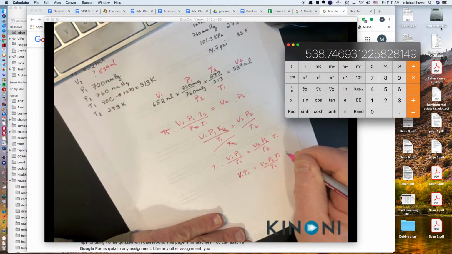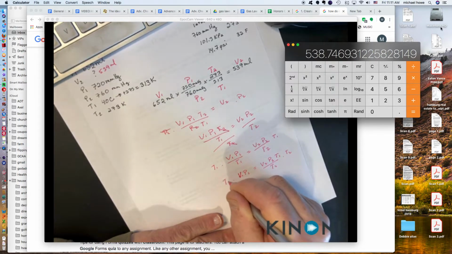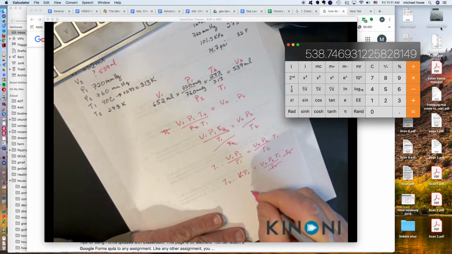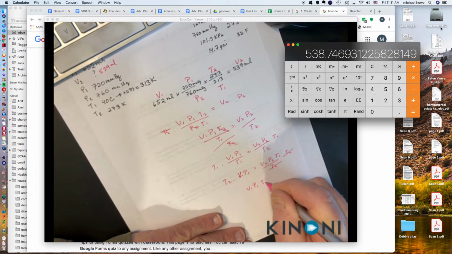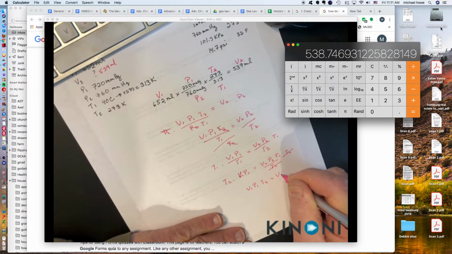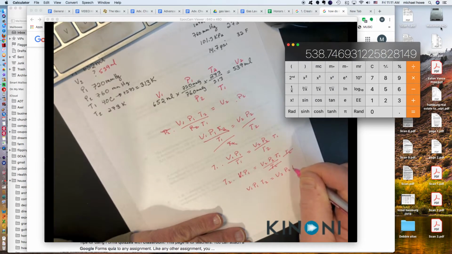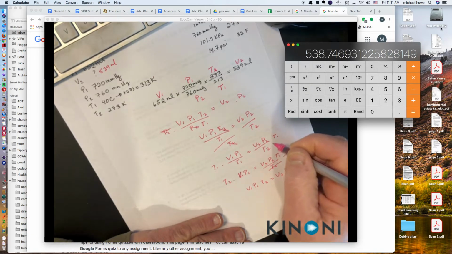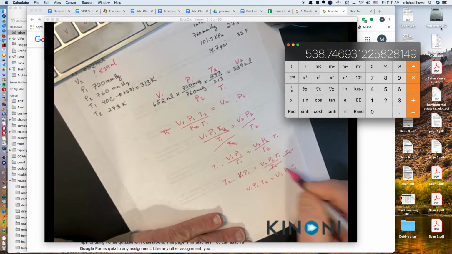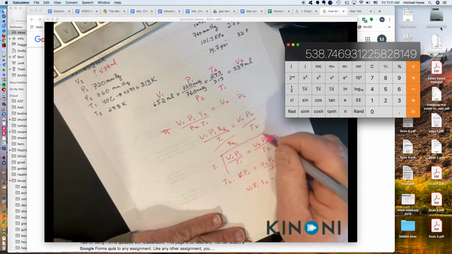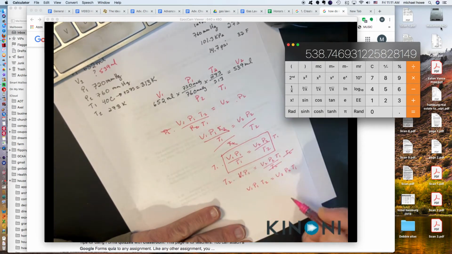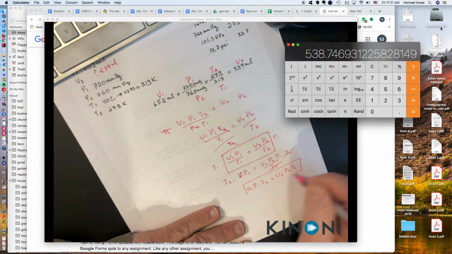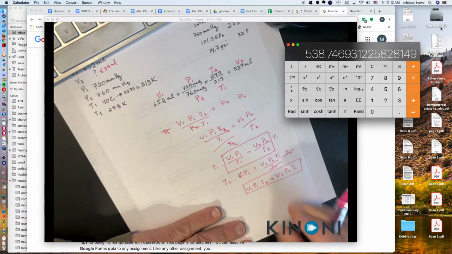Then multiply by T2. They cancel over here. So now you've got V1, P1, T2 equals V2, P2, T1. All right, so I'm going to put a box around this part of the formula, and you can use it in either form to solve this question.